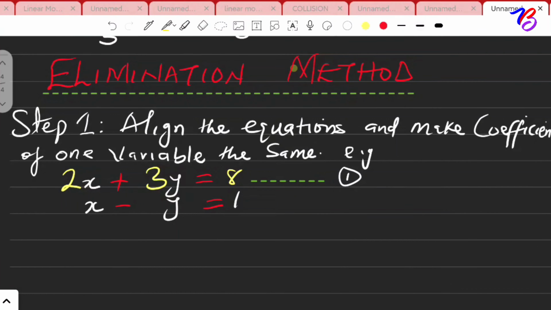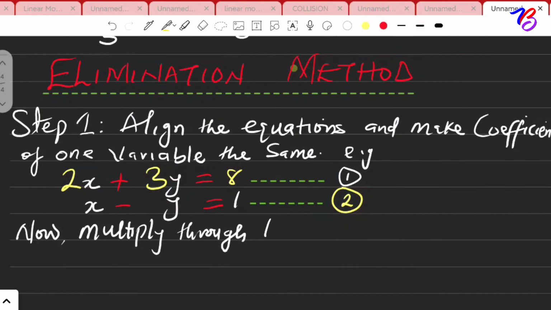The goal here is to align the equations and make the coefficient of one variable the same. We want to make 2x the same so that x can disappear, so that we can cancel out x and its coefficient.